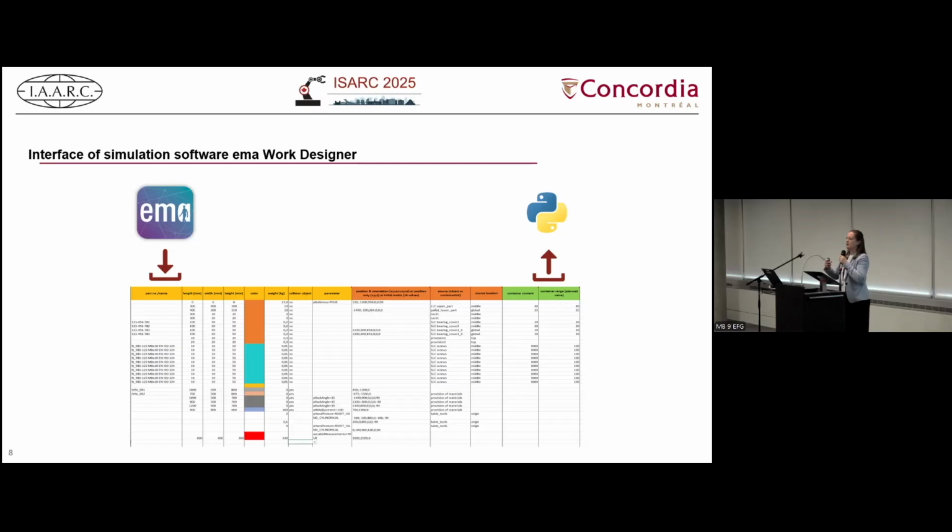For example, we want to turn the brick from red to blue, so we can change it in this form. And then we can do the reverse. We import this changed file in the EMA Work Designer again, and then can simulate, and then we get the results. And then we can compare: is it better or is it worse?